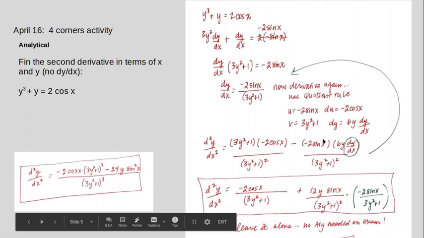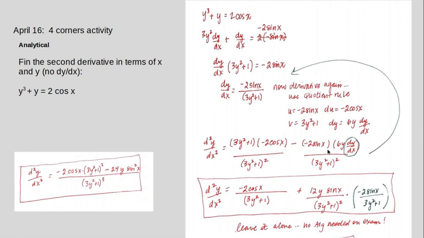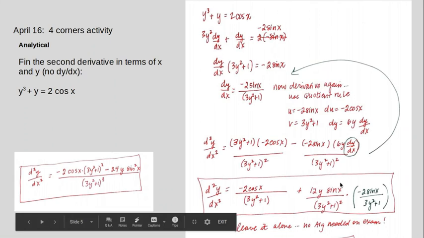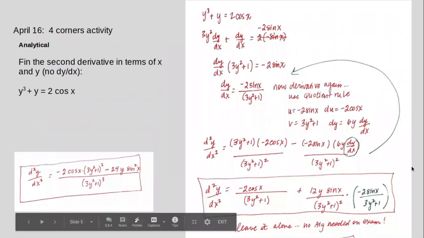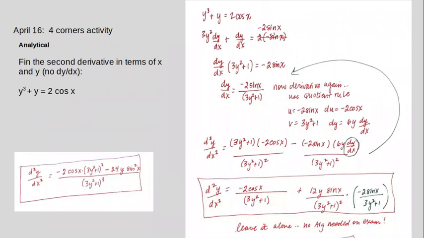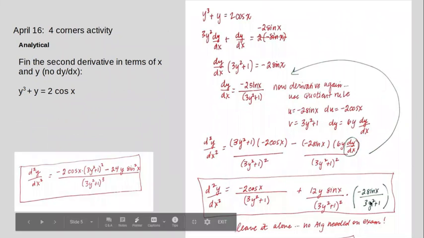Over here then, I simplified the numerator to become 12y times the sine of x, and then the 2 negatives would cancel out. See what I've got going on there? And then now dy dx, I have to include that. What is dy dx? So you know what dy dx is in terms of x and y. So plug that in, and then you can leave your answer just like I've got it written and boxed up right here.